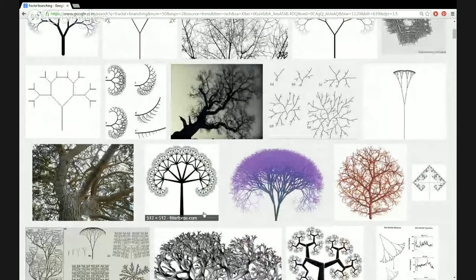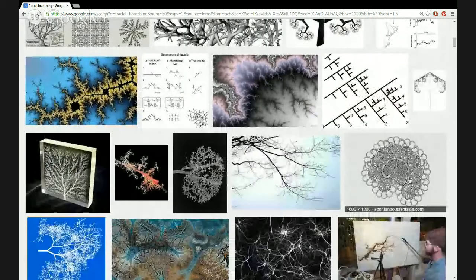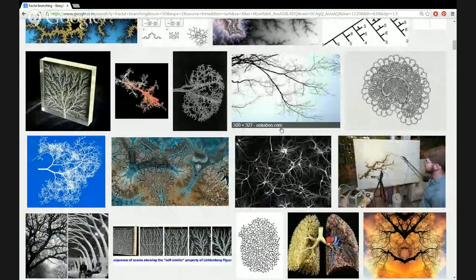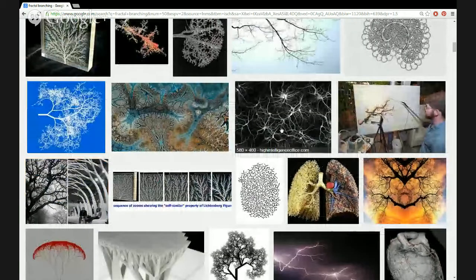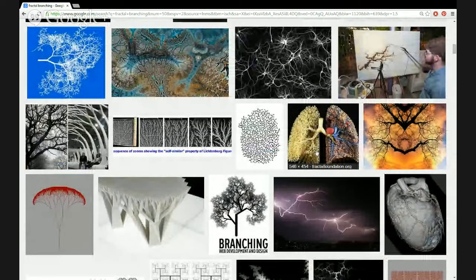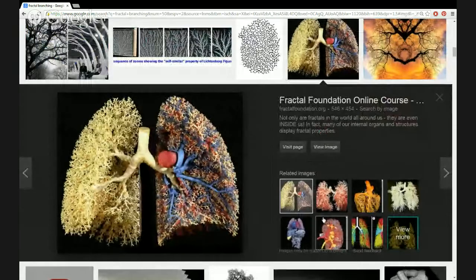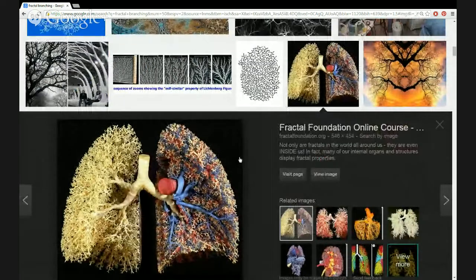So this is a plant. I think it's dill. These are a couple of different trees. These are artistic or mathematical fractals, artificial ones. These are human lungs. And you can see the branching here.